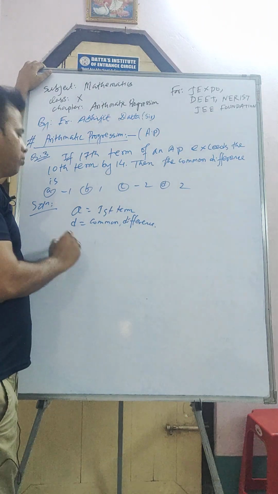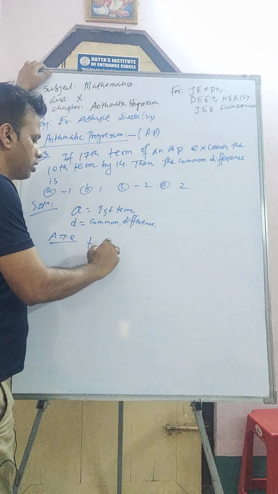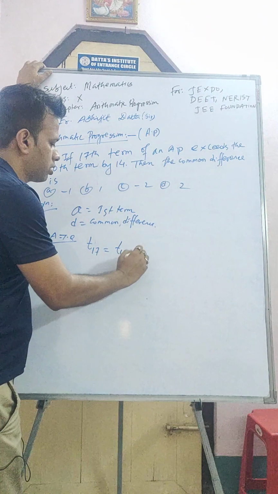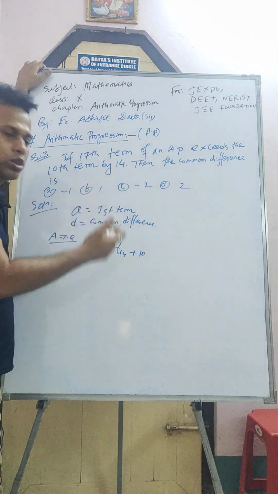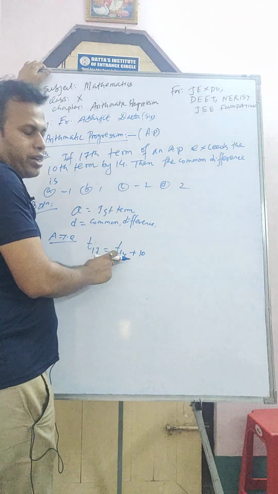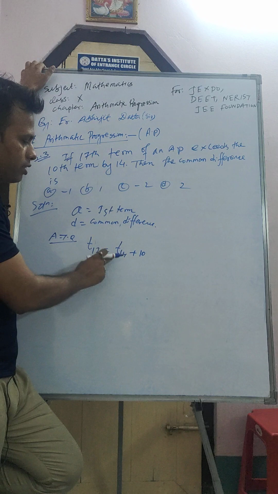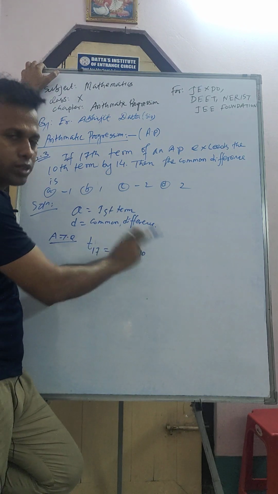Now the 17th term, according to the question, we can write T17 equal to T14 plus 10, because the 17th term exceeds the 14th term by 10. So T17 equal to T14 plus 10, or you can write T17 minus T14 equal to 10.